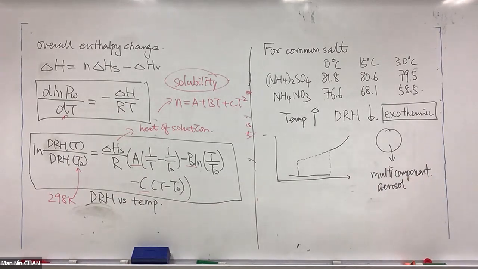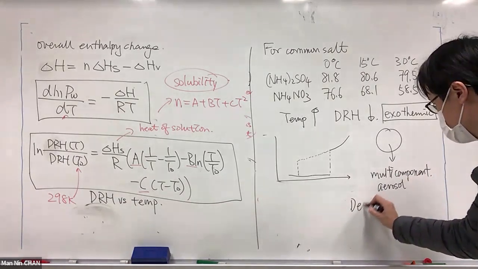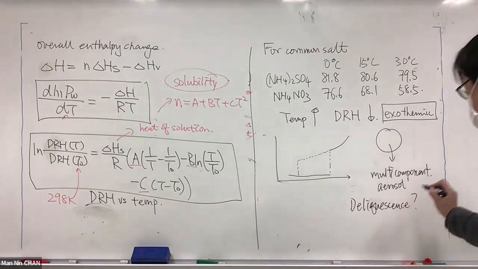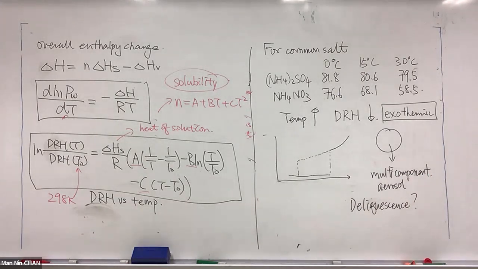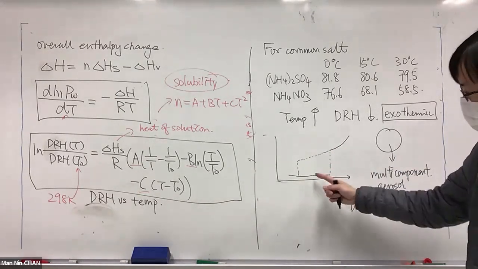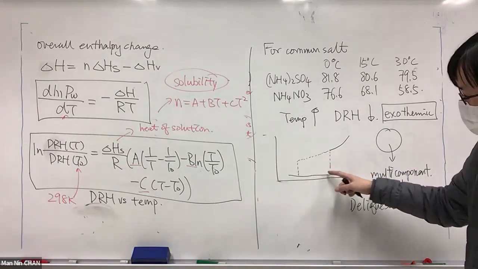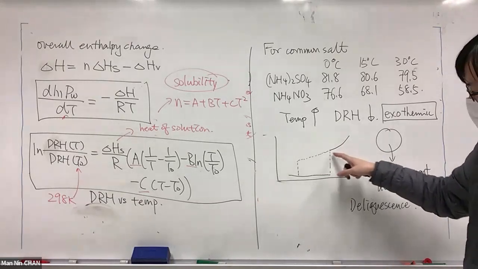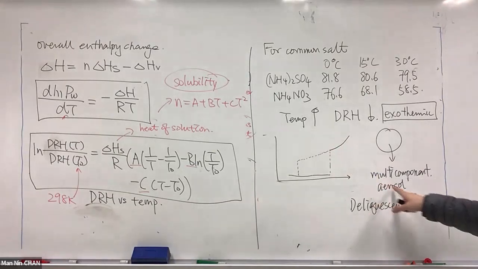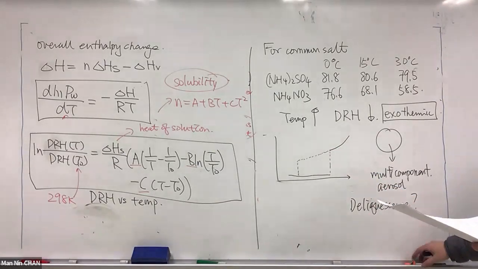How will this deliquescence point change? You have two species. Will we still see a single sharp change, or how will this change increase or decrease if you add another species here?